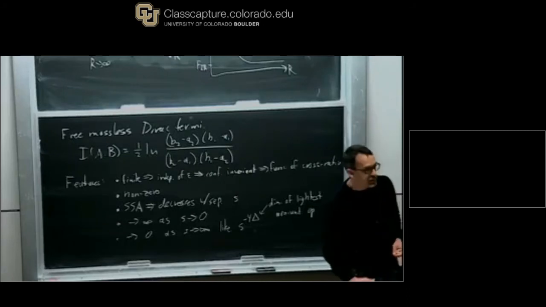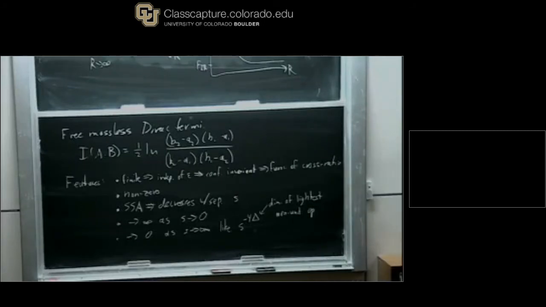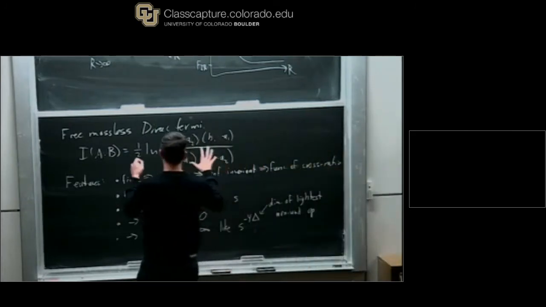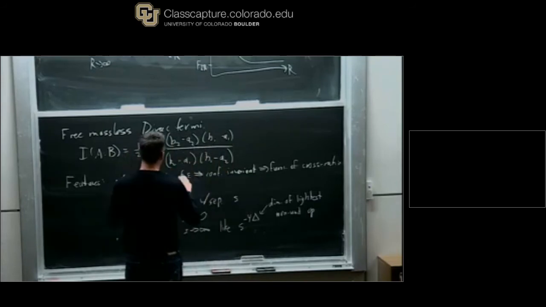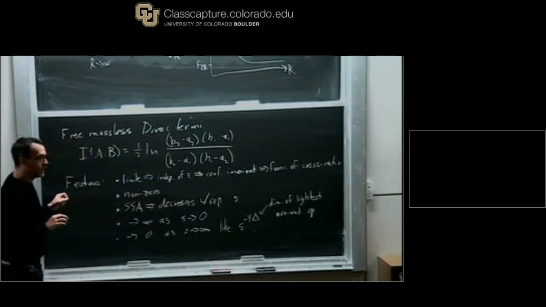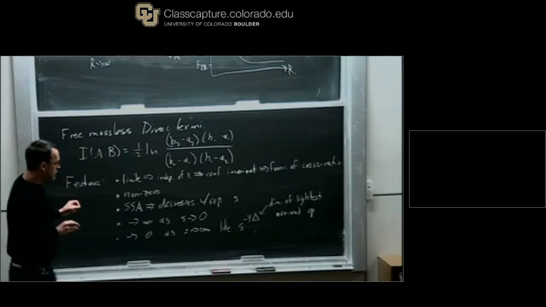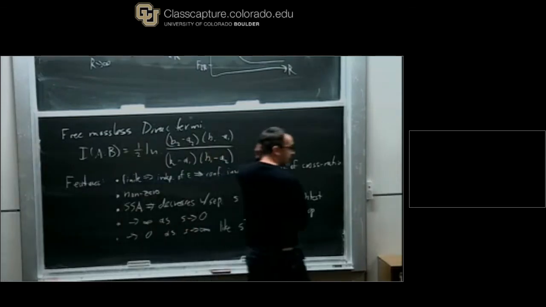Okay. So where is the CFT data in that formula? Well, this is for a particular example. In this case, delta is a half.